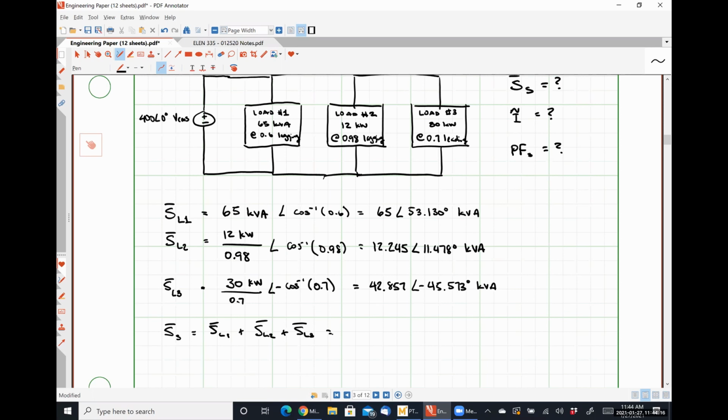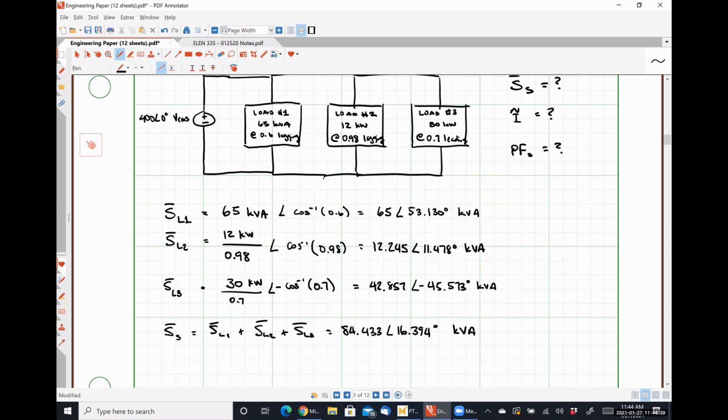I get 84.433 with an angle of 16.394 degrees kilovolt amperes.